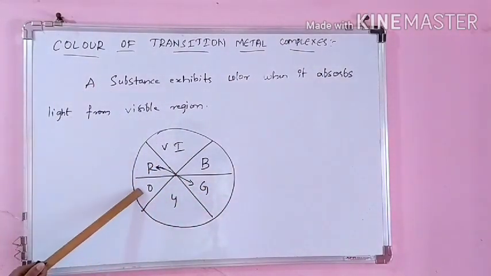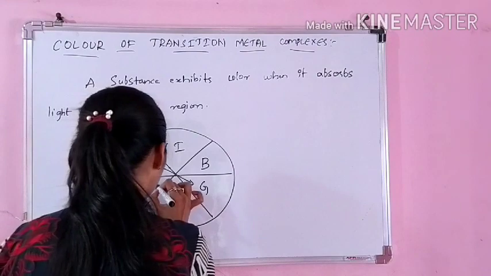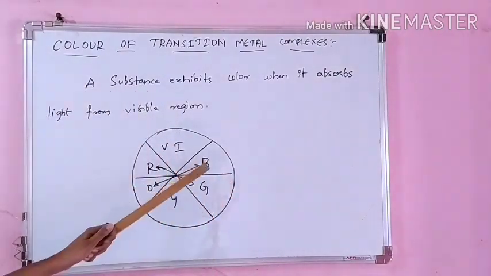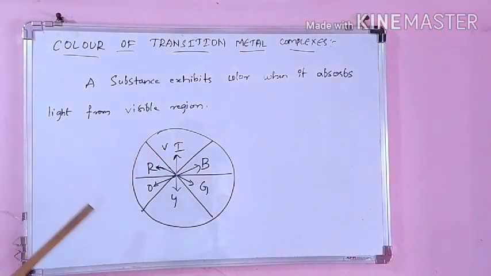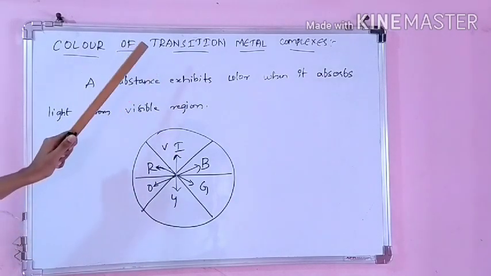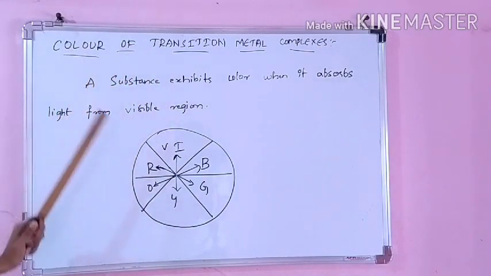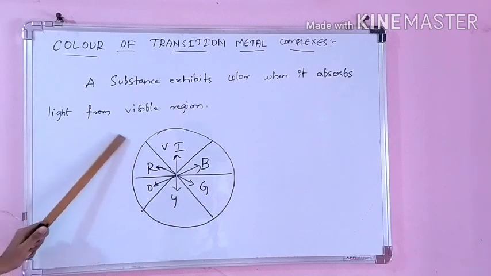If it is absorbing orange, then your complementary will be blue. If it is absorbing yellow, then your complementary will be violet. Like this, you can remember the complementary colors. You understood the concept that whenever any complex or substance absorbs color, it will not absorb completely.